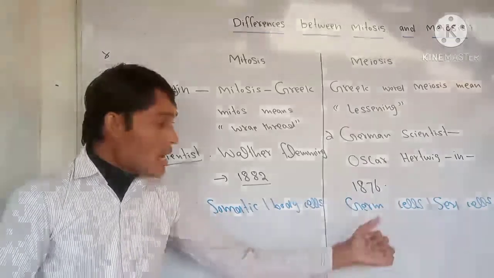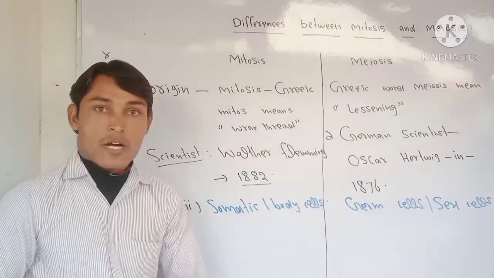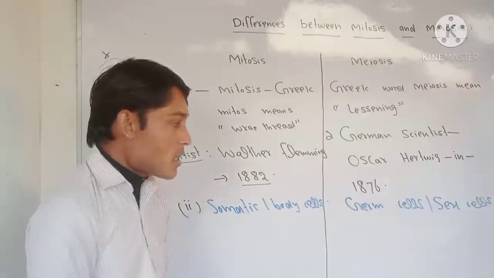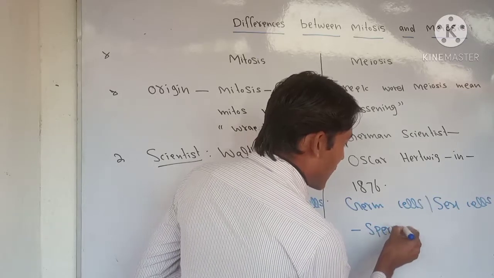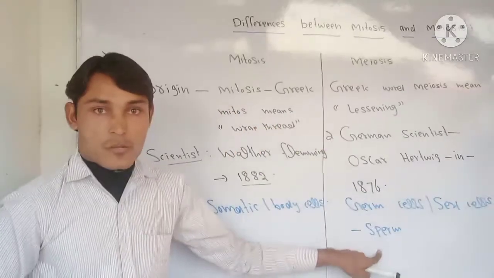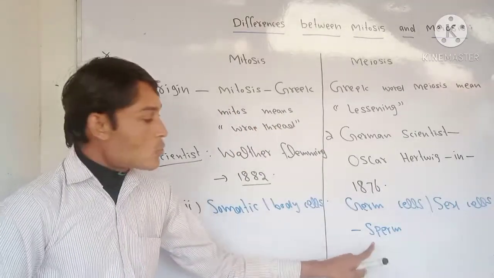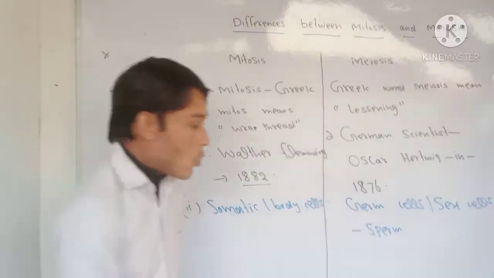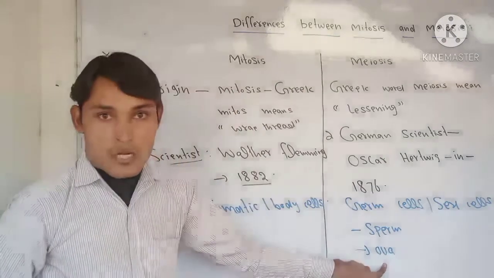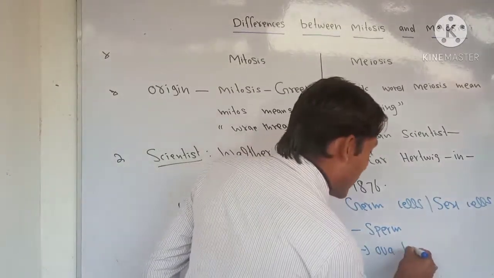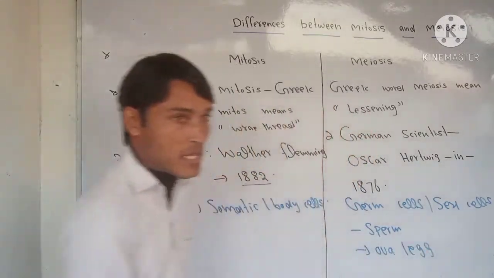We have two germ cells. The first is sperm, which is produced by the testes. The other is ova, also called egg or ovum, which the female body produces.